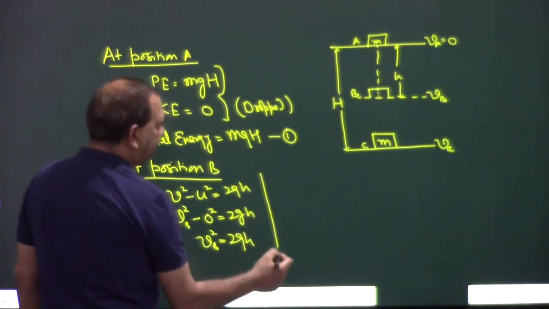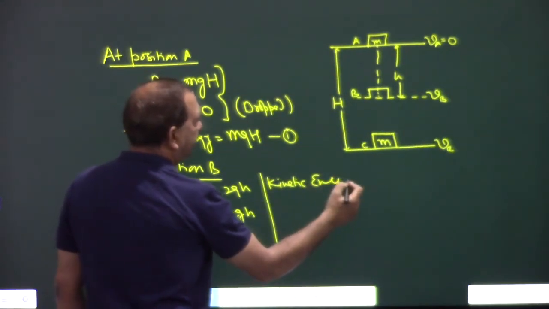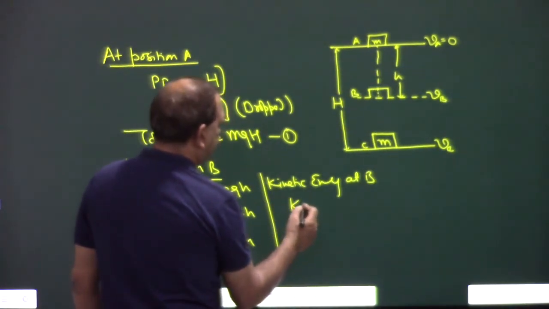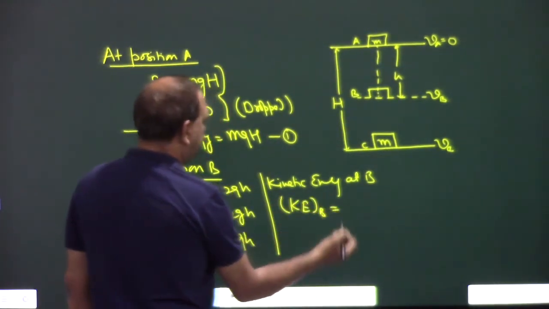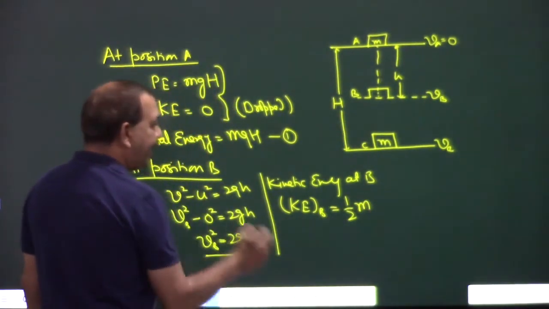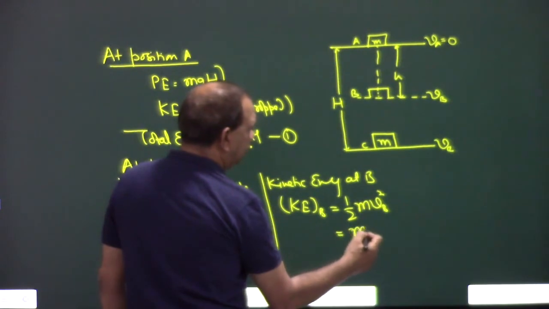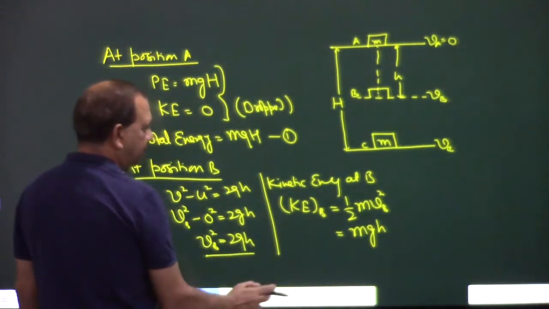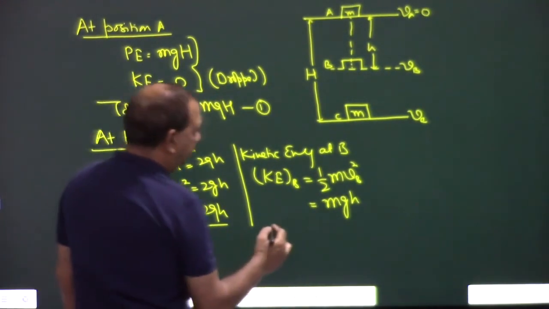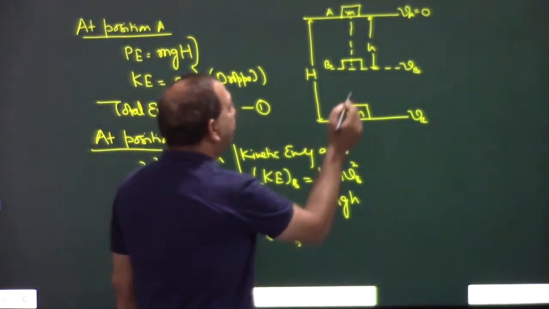So kinetic energy at B is equal to half m vb square, and vb square is 2gh, so that is mgh. And what will be the potential energy at this point? The potential energy at position B depends on the height of the object.